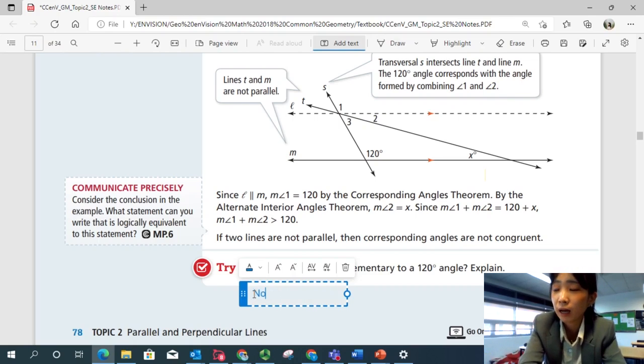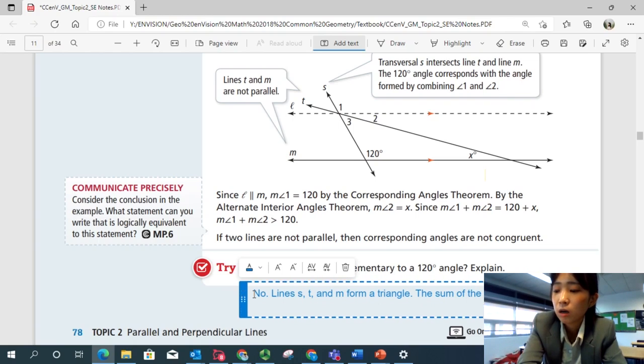So how can you explain that? No. Lines S, T, and M form a triangle. The sum of the interior angles of a triangle is 180 degrees.